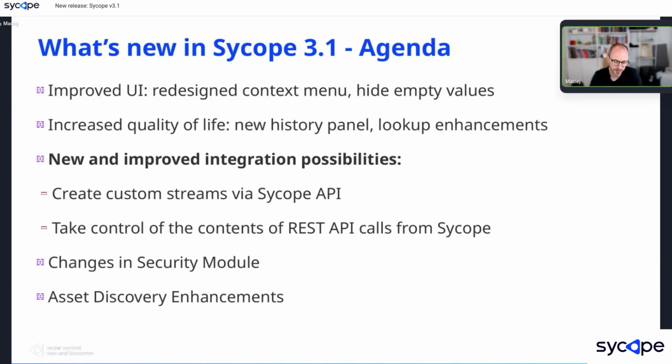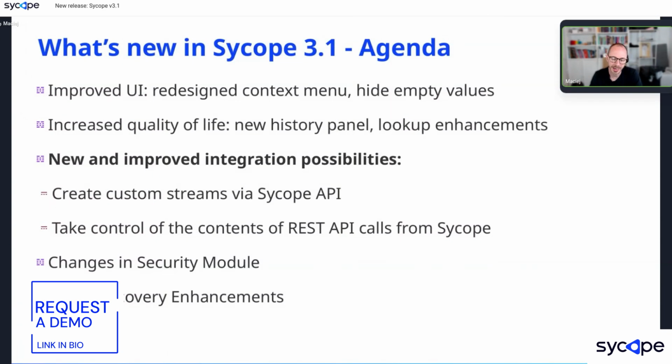The other thing we notice is that very often our customers have a lot of columns for which sometimes they actually have empty values. So we introduce a small feature that allows you to hide the empty values whenever you don't want to see them.